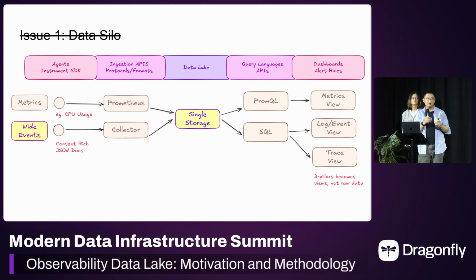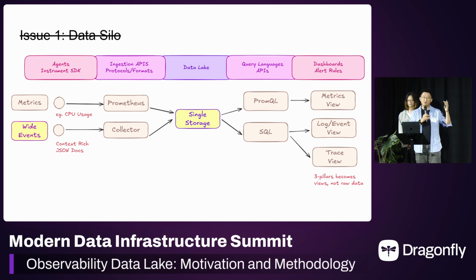For example, if you are collecting these wide events from an HTTP handler, you automatically get maybe the request context, the session context, the user information, and maybe even database context. You have a database connection.